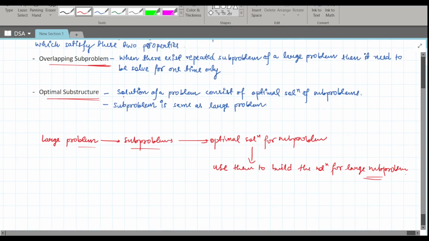In optimal substructure, when we divide our problem into a subproblem, we solve this subproblem the same way as we need to solve the large problem.